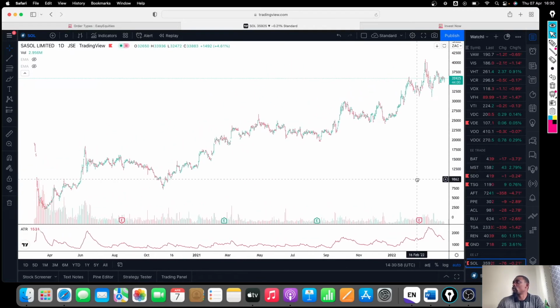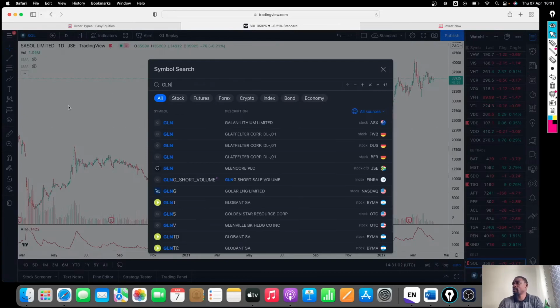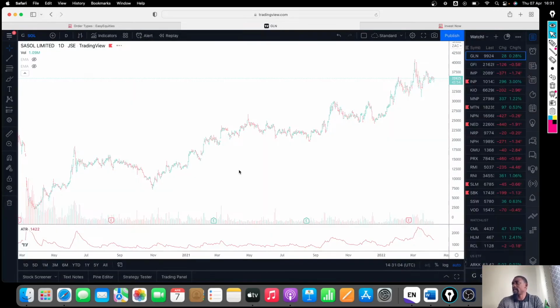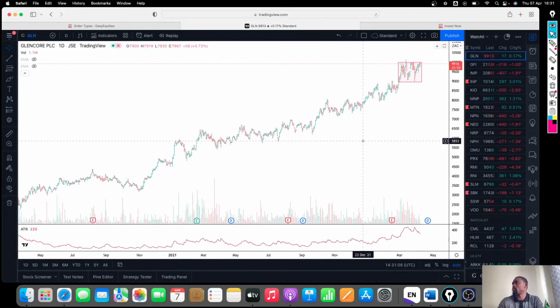So just to show you where I've been using these order types as an example, recently I opened a buy stop order on Glencore. The trade hasn't been triggered yet, but as you can see, the share price is trading in a range, inside that box. I want to see Glencore closing above 101 rand.